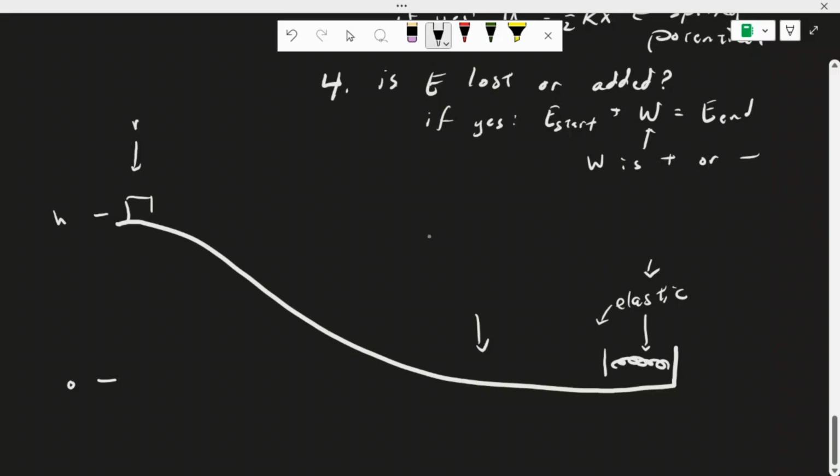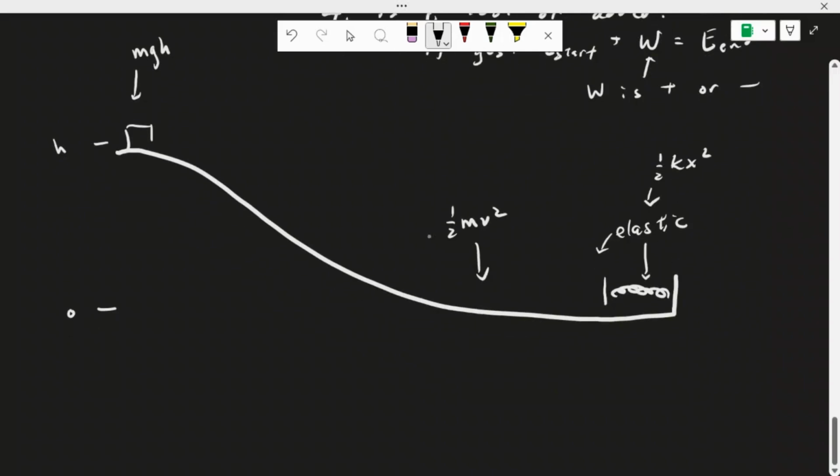Right, so 3 basic points. Up here, I have mgh. Right here, I have 1/2 mv squared if we assume this is at its lowest point. And right here I have 1/2 kx squared. So a question they could ask would be, how fast is it going when it hits the spring?